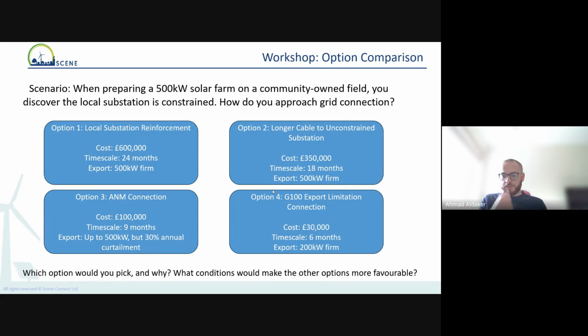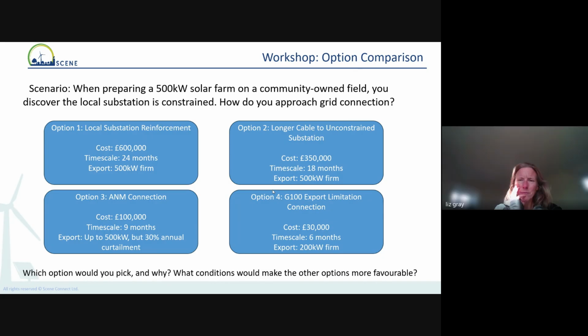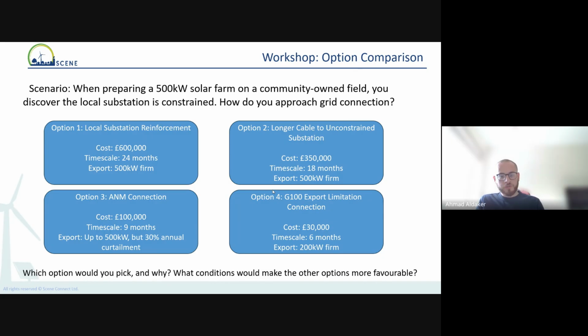With the current state of the grid, constraints are everywhere, and you can get timescales of months or years to reinforcement or a good connection. They are volatile. Hopefully this clears up in the next few months or few years with the reforms. Let's wait and see. This is probably based on right now.